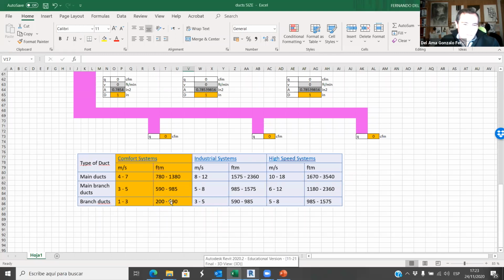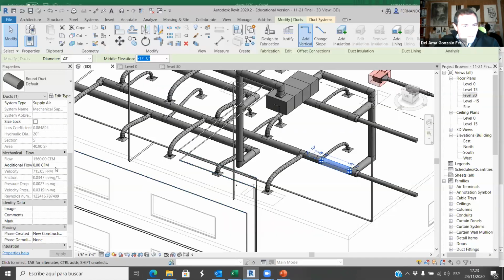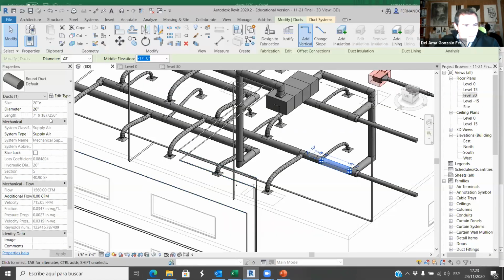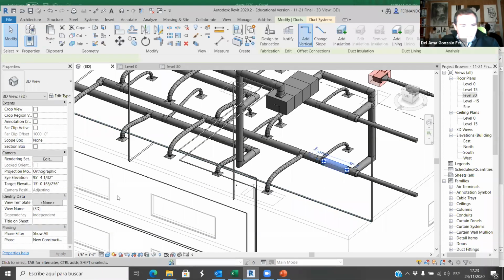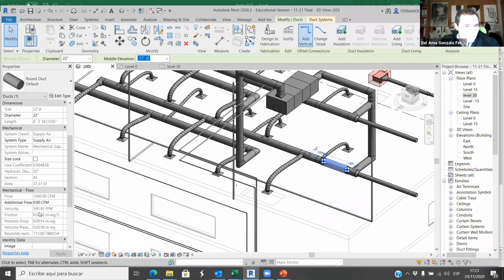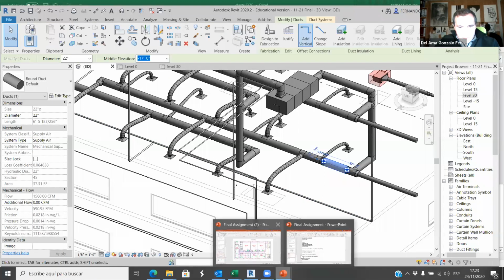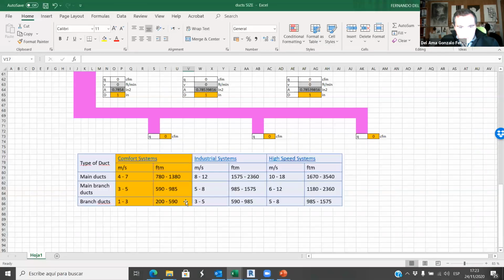It's not a big issue, but if you make this duct 22 instead of 20, now it's 590. It's within the limit.